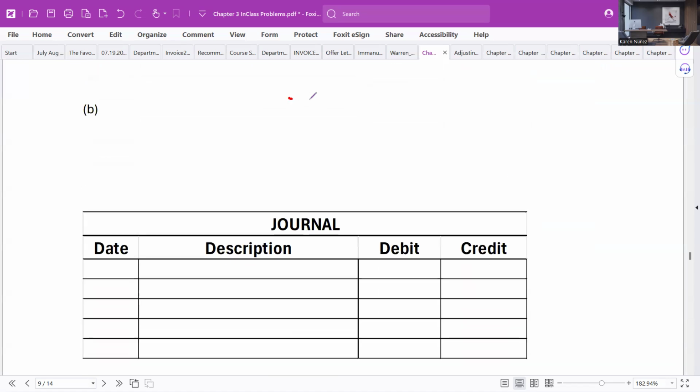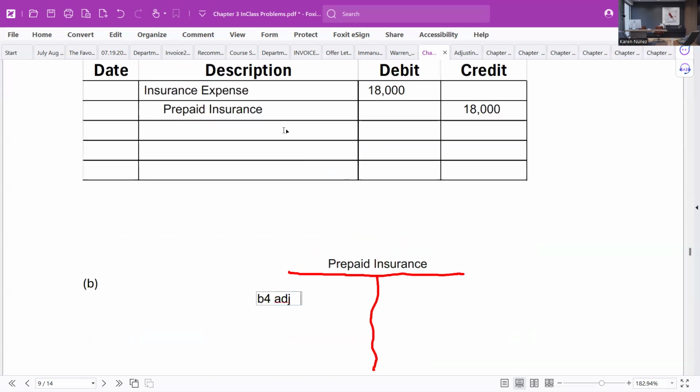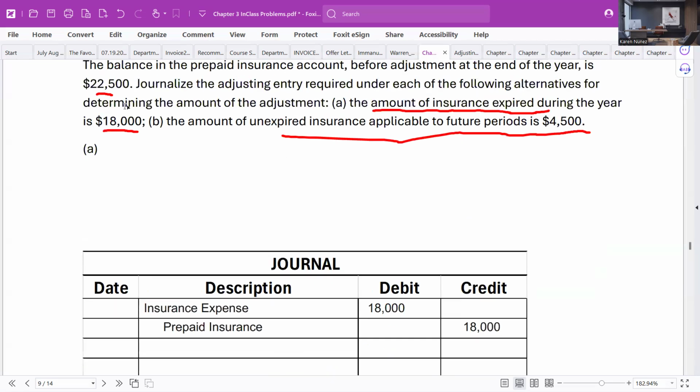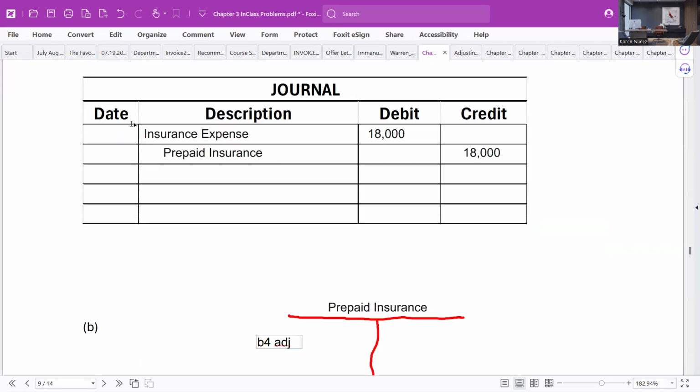So if we do it this way, again, think about this T account called prepaid insurance, right? We have before adjustment a balance in this account. Before adjusting the account, the balance is 22,500.